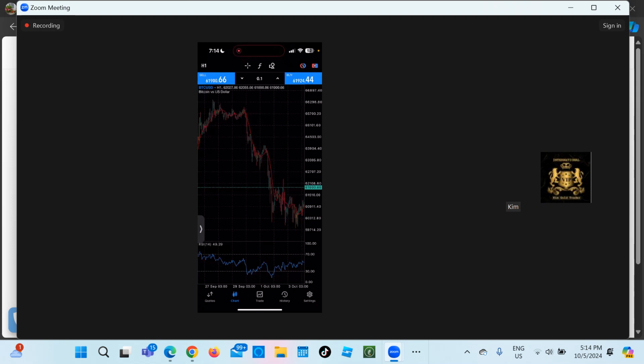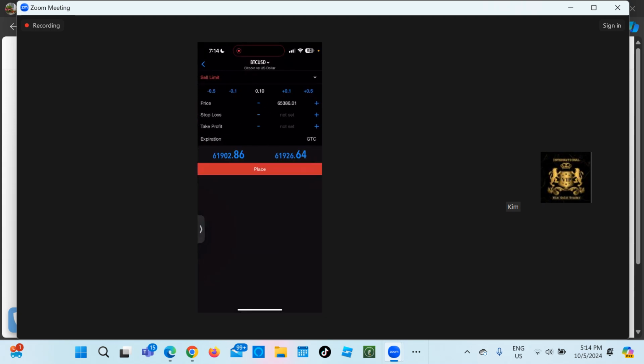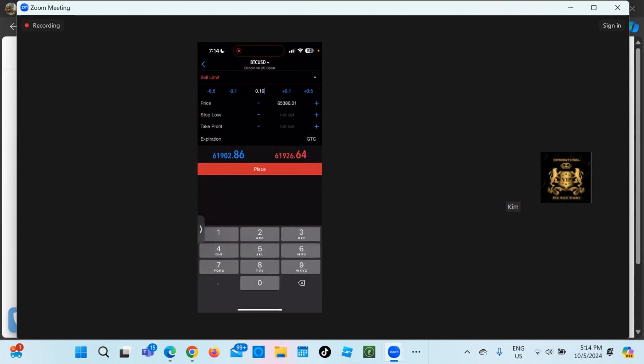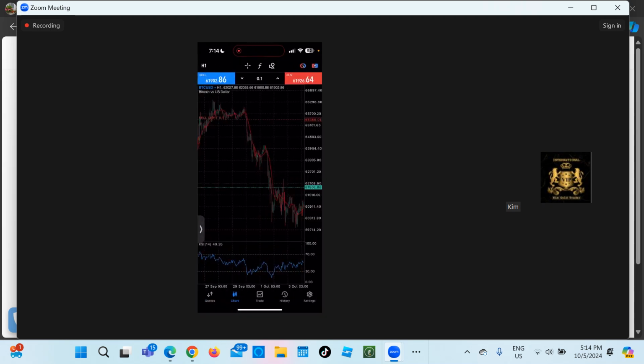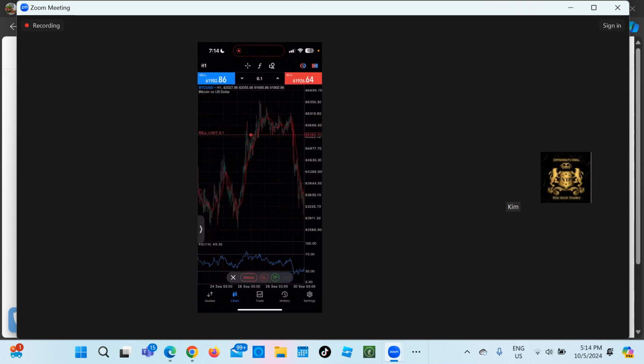Kita niyo po itong clock na yun sa taas. I would place it like that. I would risk about 0.10 lots, and then I would paste.